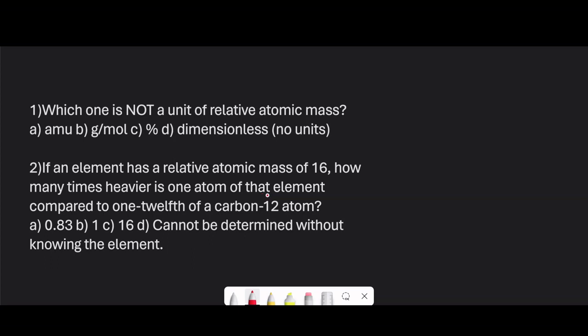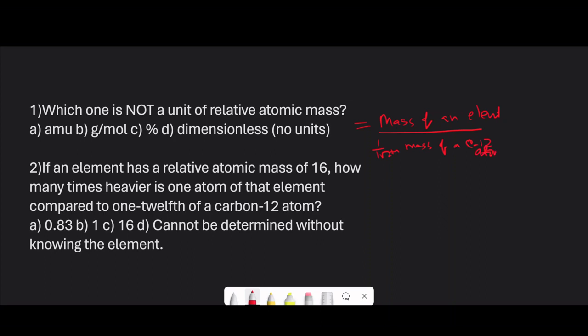Now we have just 2 questions to really understand whether we understand this concept or not. First question, which one is not a unit of relative atomic mass? Now, if you remember the formula for relative atomic mass, it was the mass of an atom of an element relative to 1/12 the mass of a C12 atom.